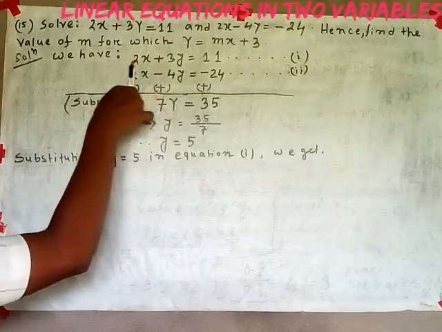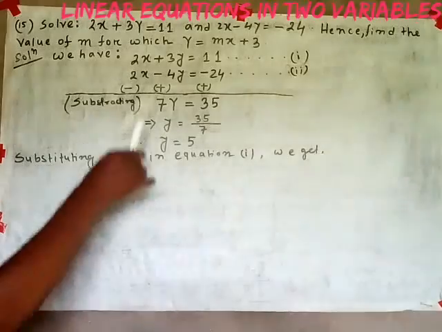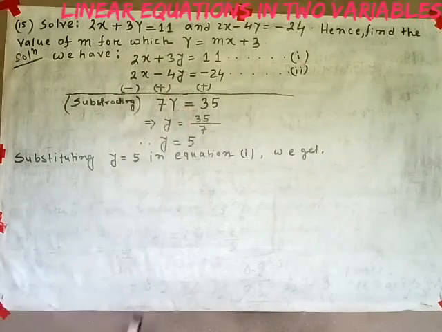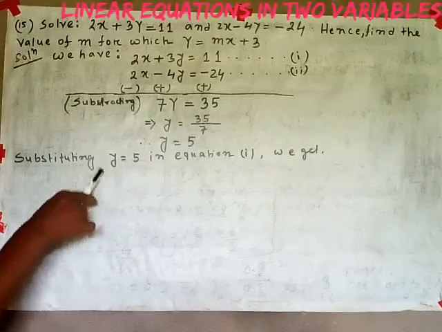Let us read equation number 1 again: 2x plus 3y equal to 11. We have to put the y value.